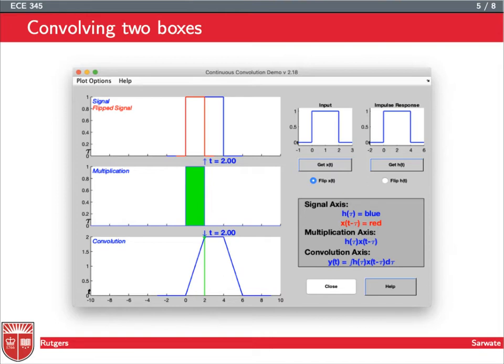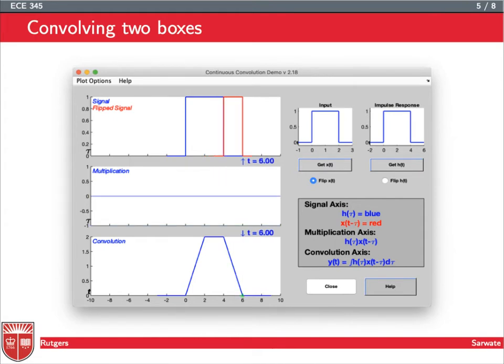As we slide the red box further to the right, that's going to be constant for a while, and then the red box will start to leave the blue box area, and we'll get a linear decrease. Now there's only a partial overlap, and the area under the curve is decreasing linearly, and then at this point the boxes stop overlapping and you get 0 again, and you're going to get 0 for all t bigger than 6.